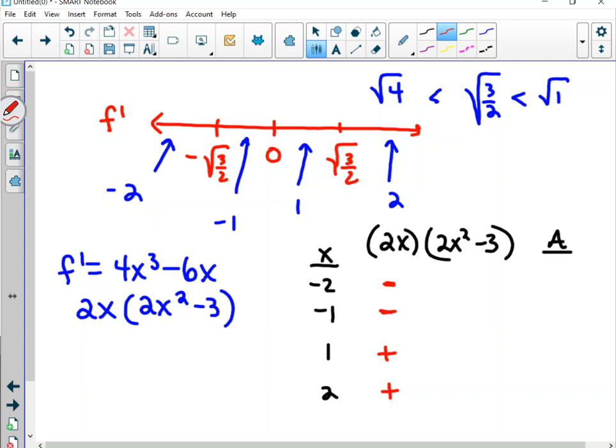This guy's a little tougher. Let's see, a negative 2, that's going to be a positive. And negative 1, this guy actually jumps back and forth. So it's going to be negative, positive. Oh, look, it toggles. It goes back and forth between negative and positive.